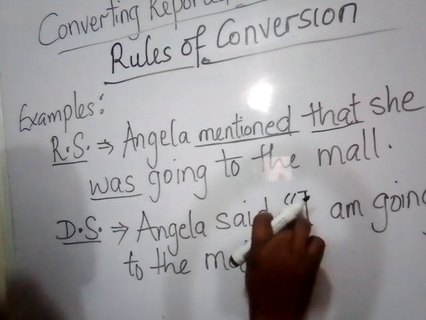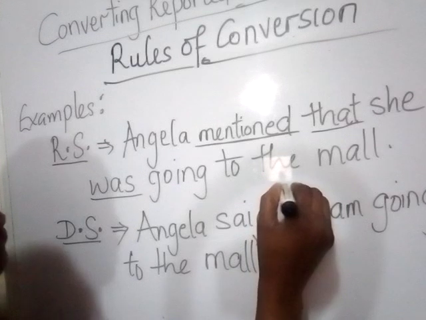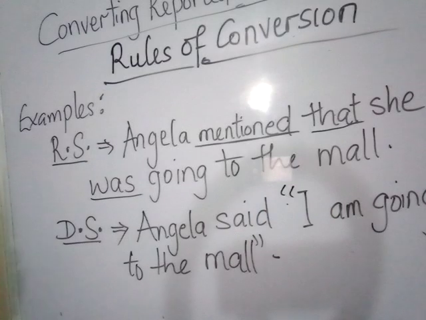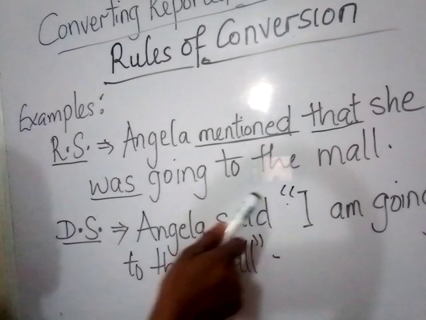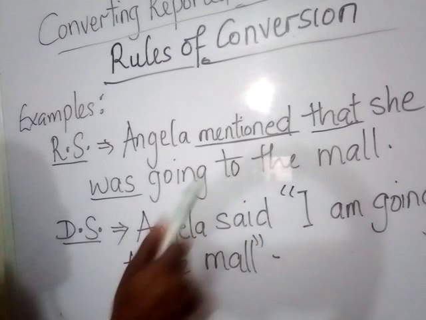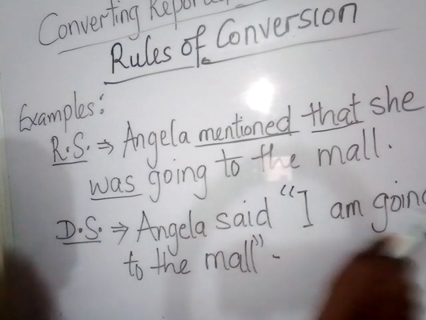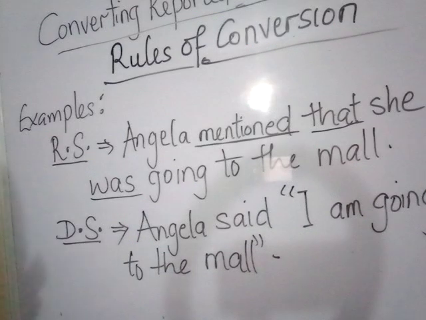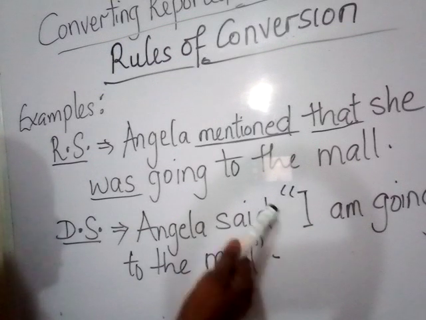Now, you will notice that we have these marks here. These are called speech marks. When you see these, they show the exact words a particular speaker used when saying those things.